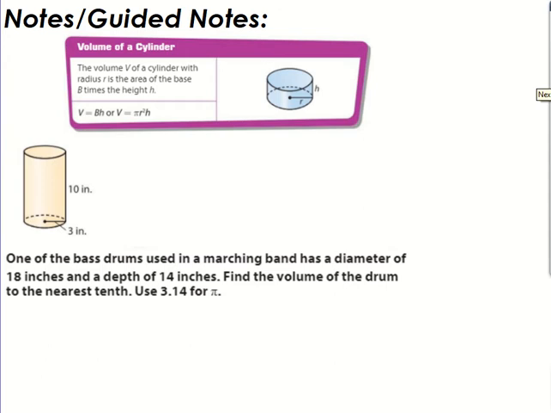So the volume of a cylinder with the radius is the area of the base, big B, times the height. So it's actually the same formula as volume for prisms, right?